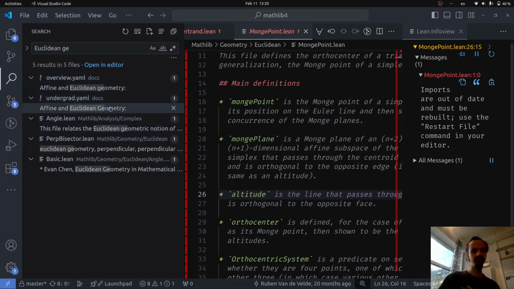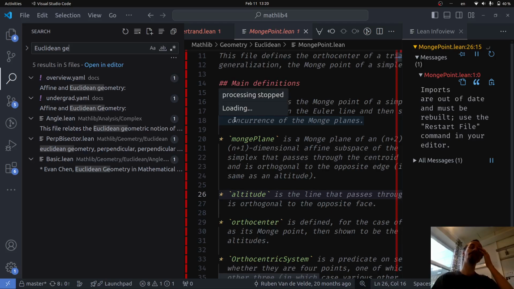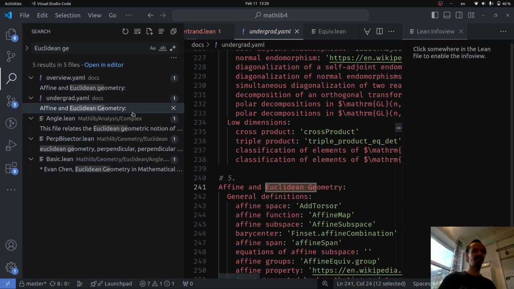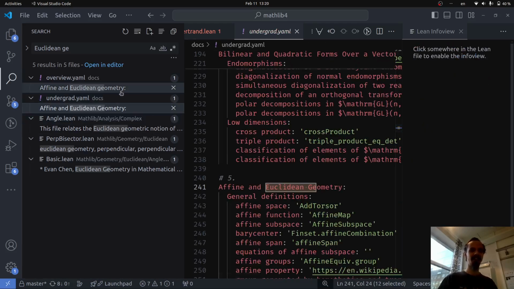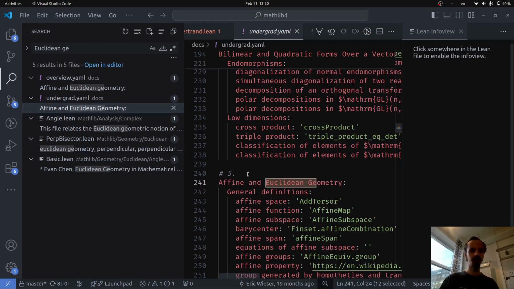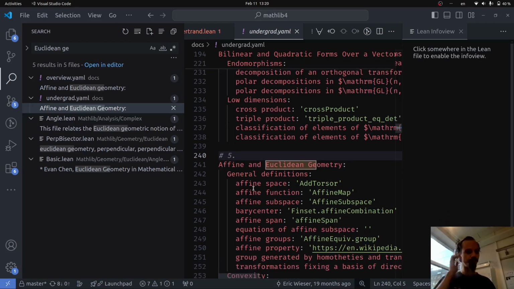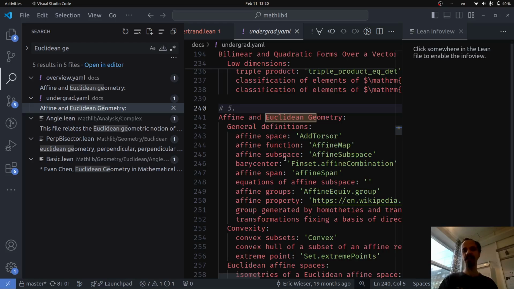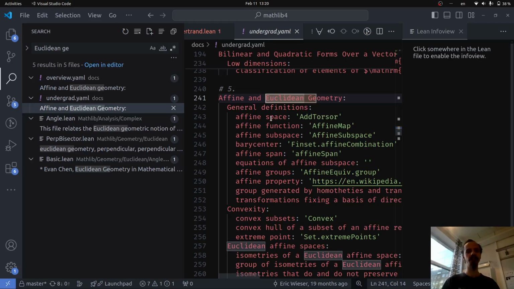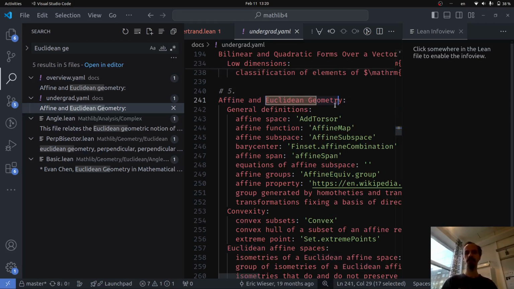One of the advantages of searching in the sources like this is that we don't just get hits in Lean. There's actually a hit from the undergrad list, which I will show you later, which contains a section on things that exist in Euclidean geometry.